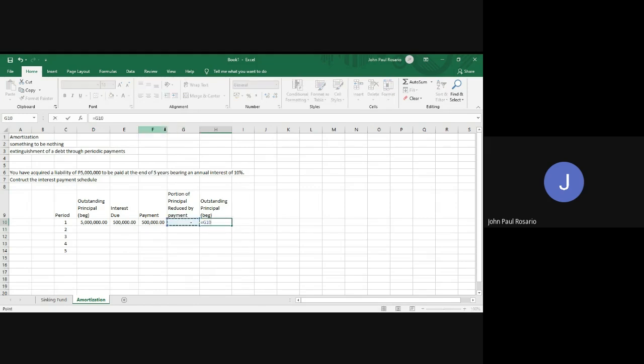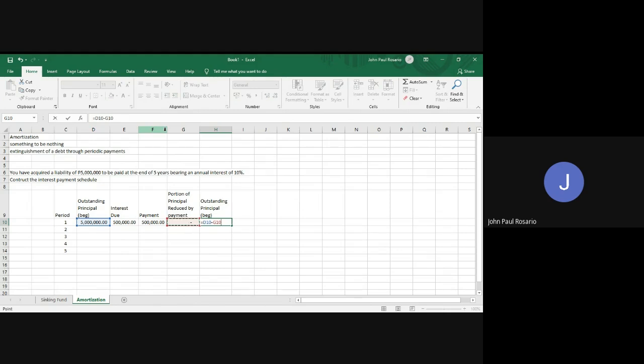So from your beginning balance, you subtract nothing, because you paid the exact amount of interest, not more and not less. If you paid less than the interest due, your debt would grow bigger, right?